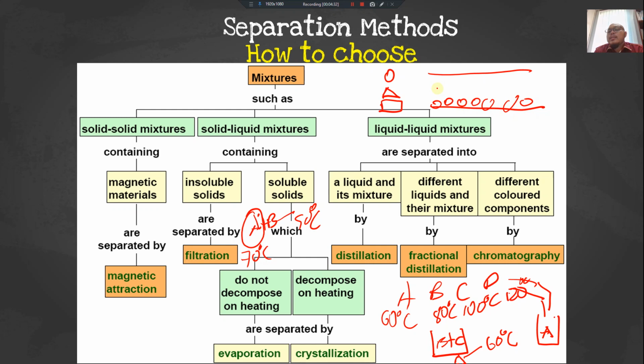So let's say the rectangle one reacts stronger, the triangle one reacts moderately, and the circle one doesn't react at all, so it will move faster. So the circle one will reach the detector first, followed by the triangle, and the last one is the rectangle. So it depends.